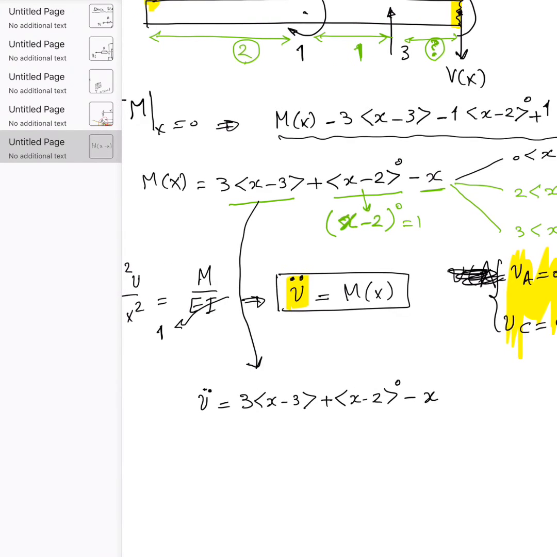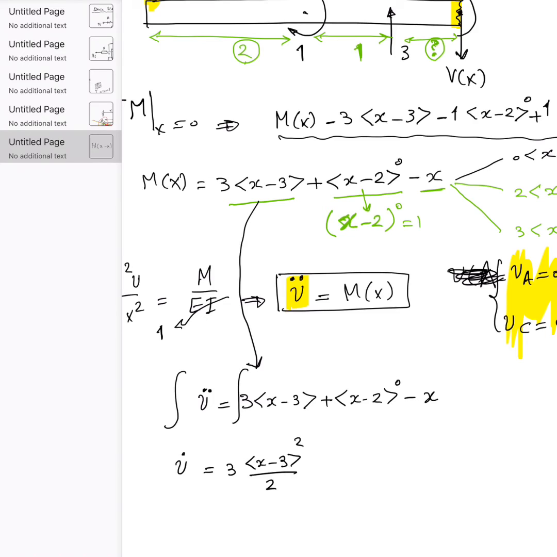So this is my ordinary differential equation that I have to double integrate and solve. The first integration, if you integrate both sides, you get v dot is equal to 3 times x minus 3 to 2 over 2. And we already discussed how to integrate a Heaviside function.